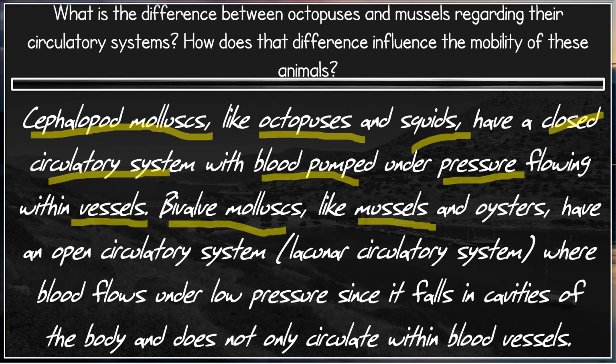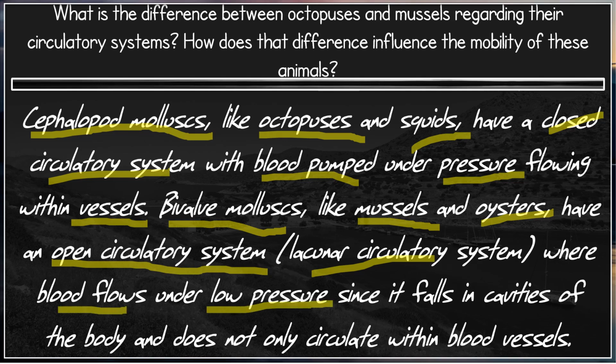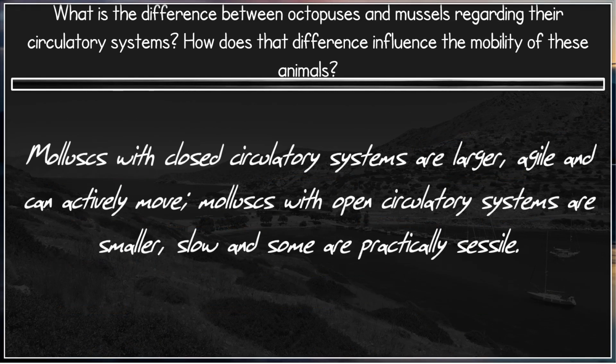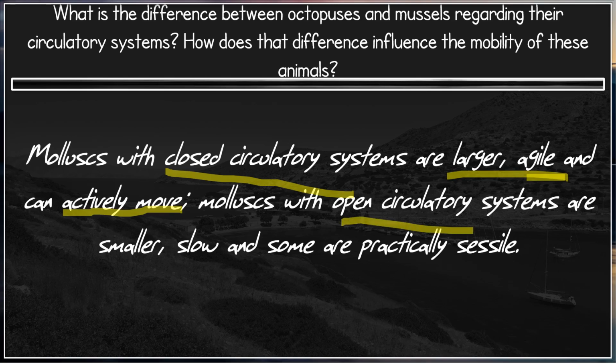Bivalve mollusks like mussels and oysters have an open circulatory system, where blood flows under low pressure, since it falls in cavities of the body and does not only circulate within the blood vessels. Mollusks with a closed circulatory system are larger, agile, and can actively move. Mollusks with an open circulatory system are smaller, slow, and some are practically sessile.